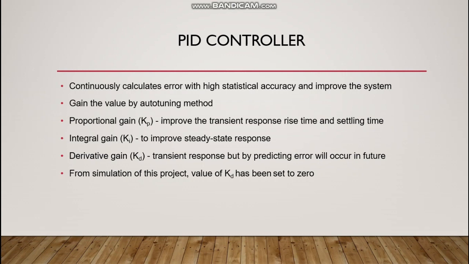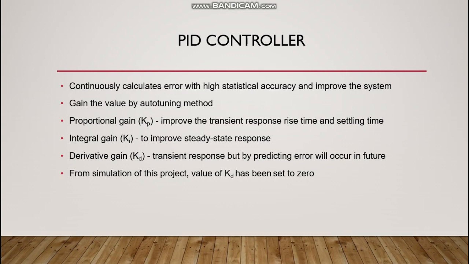The value of the gains can be obtained by the auto-tuning method in the MATLAB simulation software. The proportional gain Kp can be used to improve the transient response, rise time and settling time, while the integral gain Ki is to improve the steady-state response. The derivative gain Kd is to improve the transient response by predicting errors that will occur in the future.